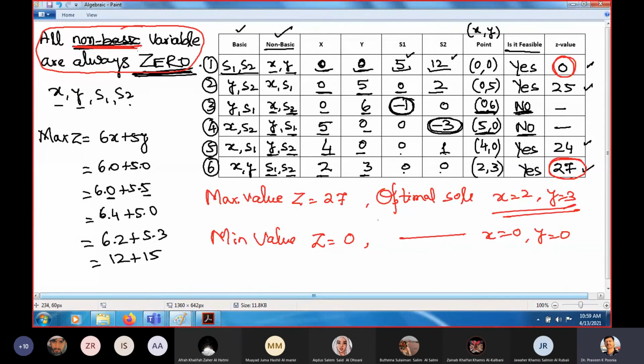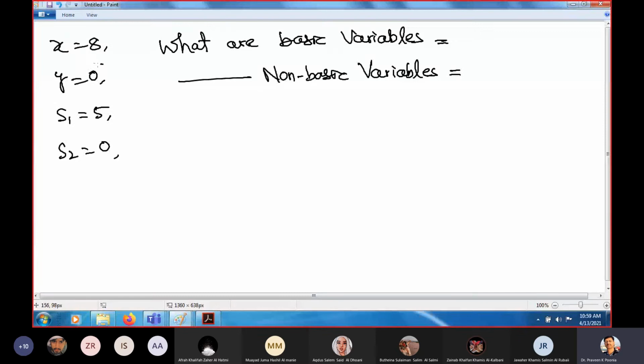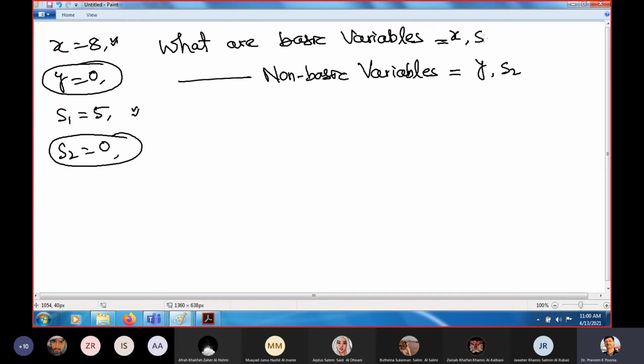All non-basic variables are 0. These are non-basic variables, y and s2. What else? This one and this one, x and s1 are the basic variables. Please practice this type of question.